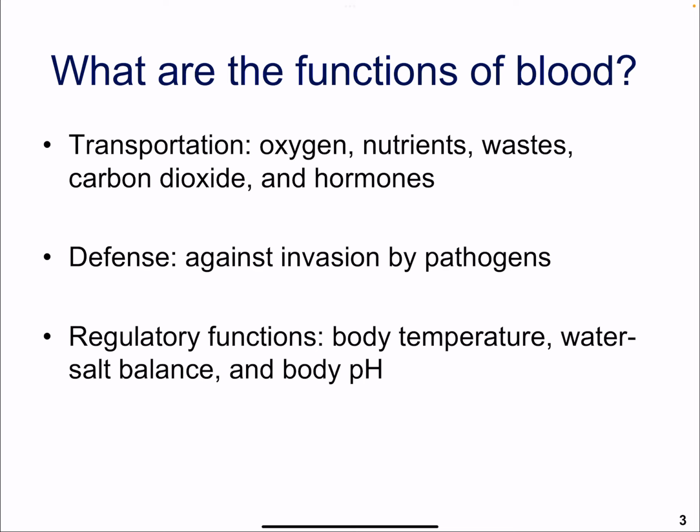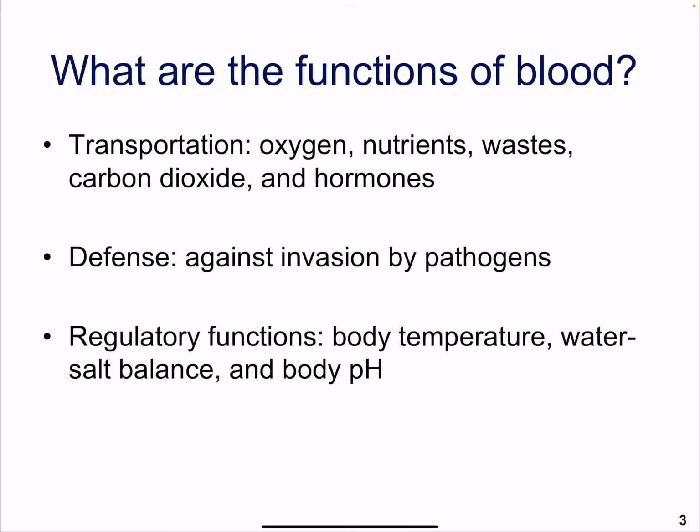So the blood is going to be used as a transportation system, right? Two, it's going to play a very important role in the defense of the body against infectious particles, including pathogens, right? Finally, the blood is going to play a regulatory function.